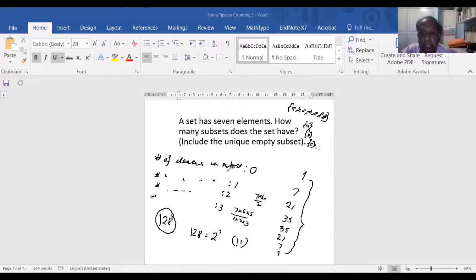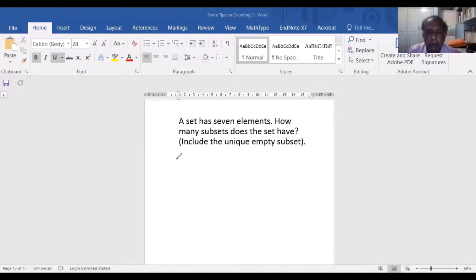If you try it with 6, you will see you get 64. So it's interesting. If you try it with 5, you'll see the same kind of thing. You have 32.